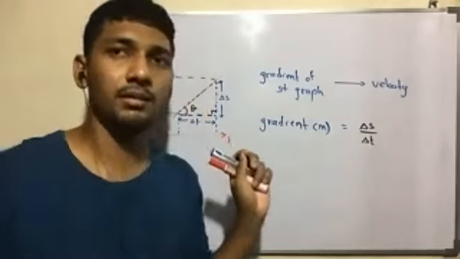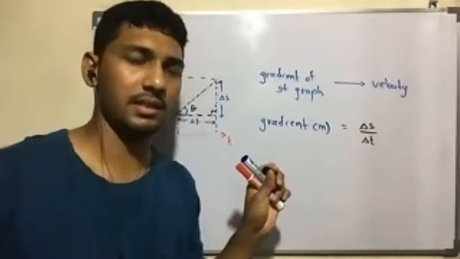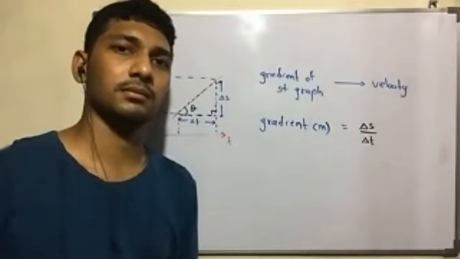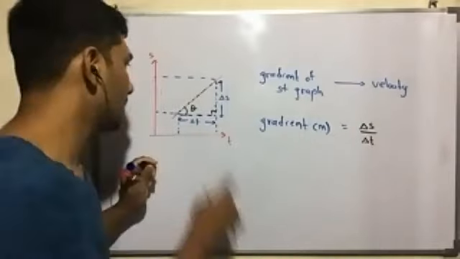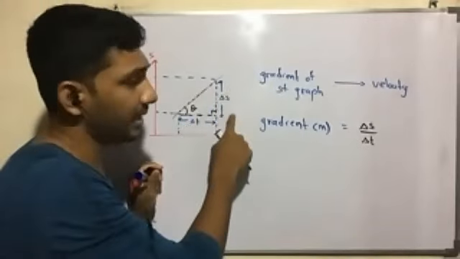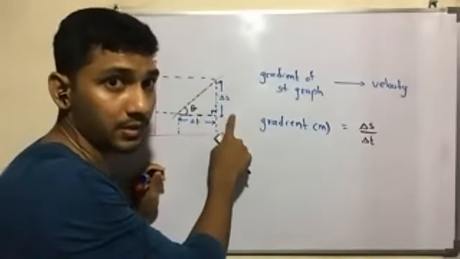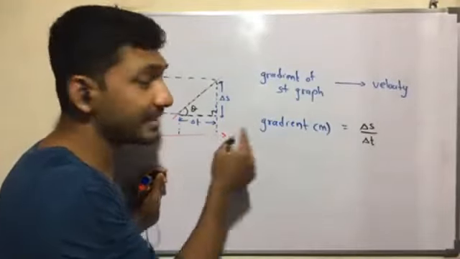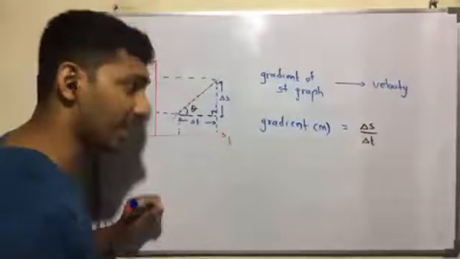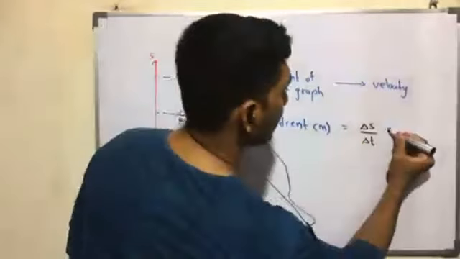Can you write them relative to the angle? Is it sine theta or cos theta or tan theta? Relative to the angle, delta s is the opposite side and delta t is the adjacent side. So opposite side over adjacent side is actually tan theta.